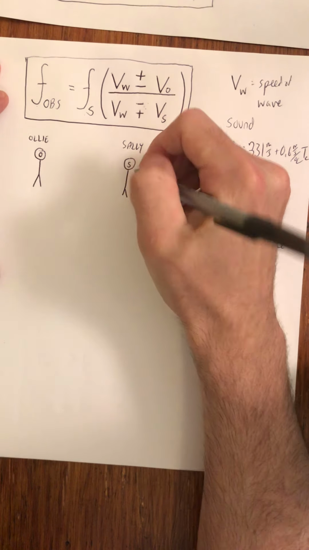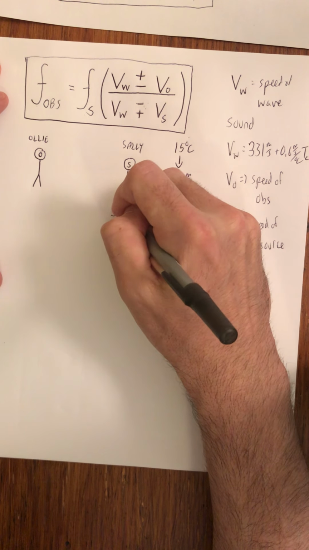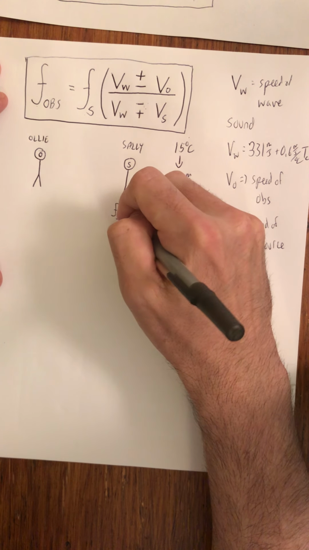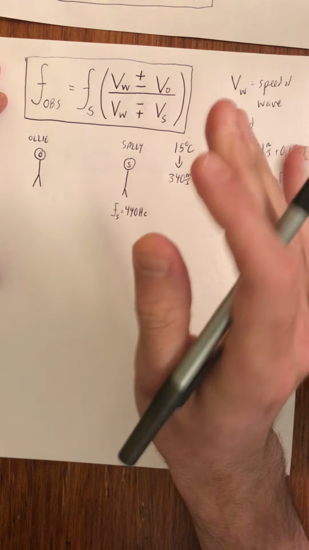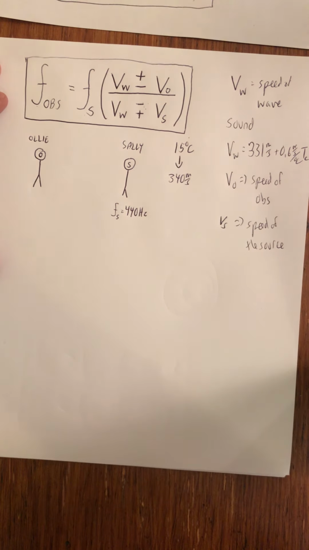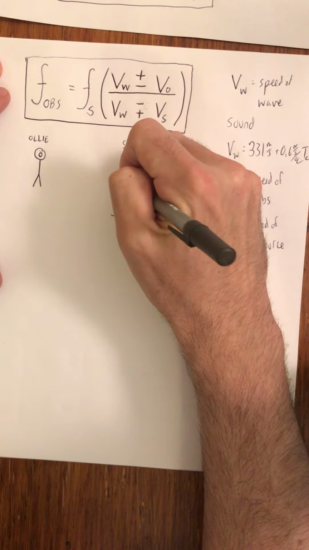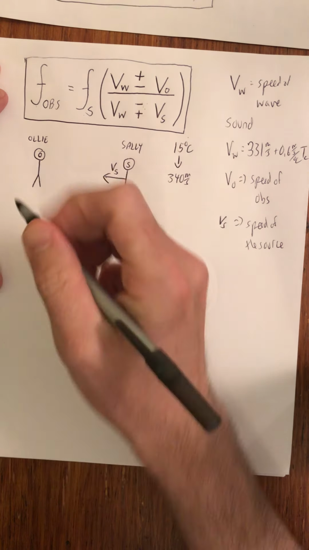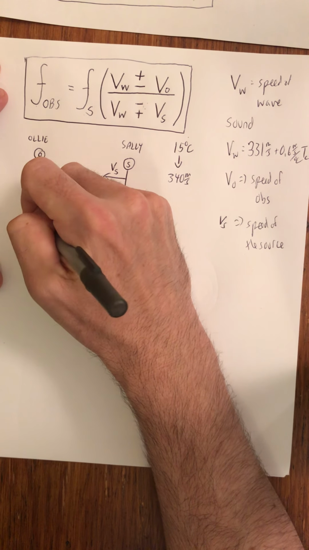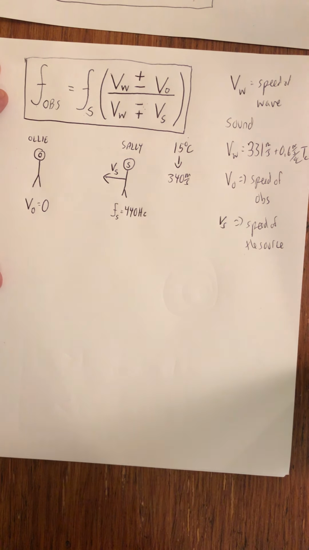And let's say that Sally is emitting a concert A. So she's singing 440 hertz. Which I think is actually pretty close. Remember, that's our school bell, so we hear that sound pretty often. And let's say that Sally is moving towards Ollie, right? So there's the velocity of the source. Let's say Ollie's not moving in our example, so the speed of the observer is 0.